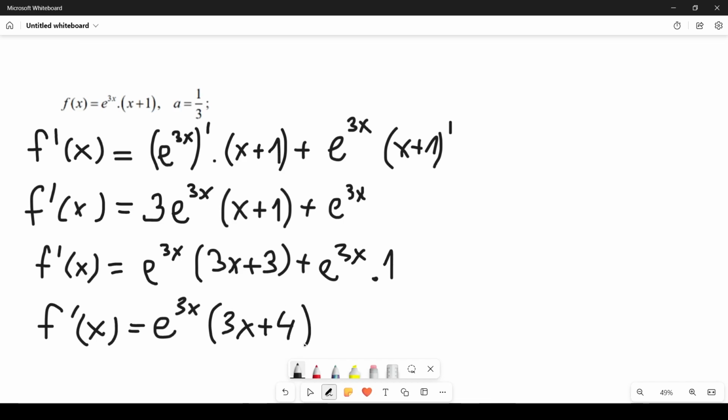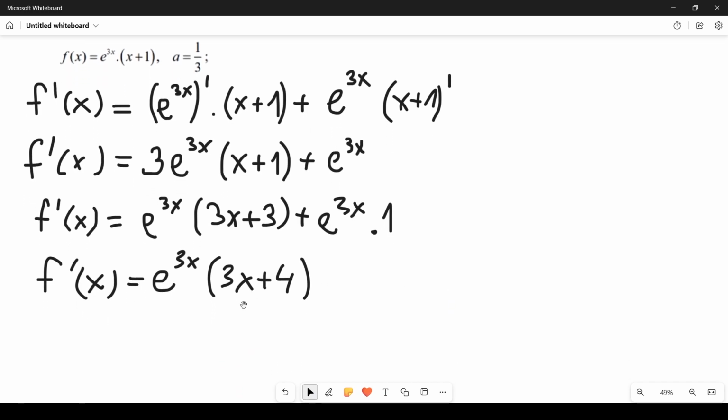So now we know what the derivative is. We can of course open those brackets, but at this point it doesn't matter. However, we can rewrite the expression as: 3 times x times e to the power of 3x plus 4 times e to the power of 3x.